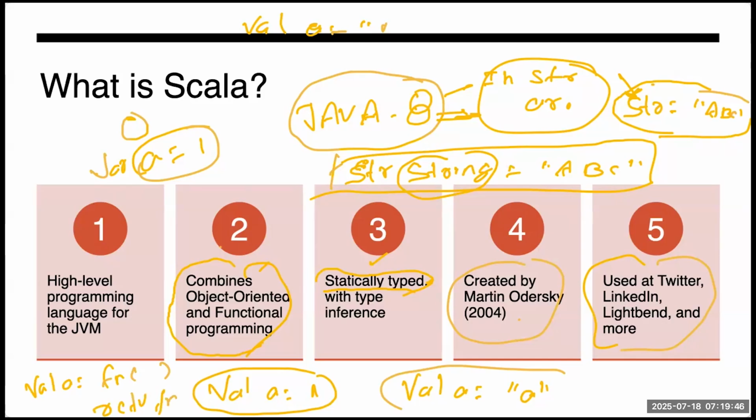But in Java, what is the first class citizen? Like string. In most Java programming, you will see the return type is either string, integer, array, something like that. And after Java 8, it started supporting functional features.